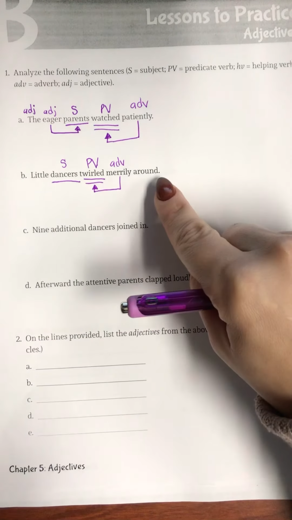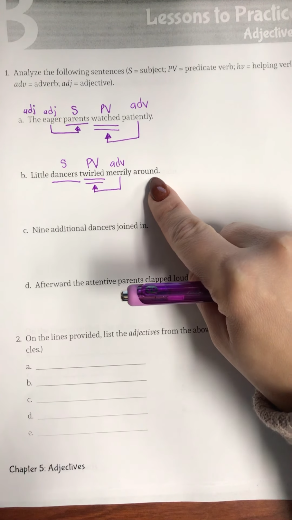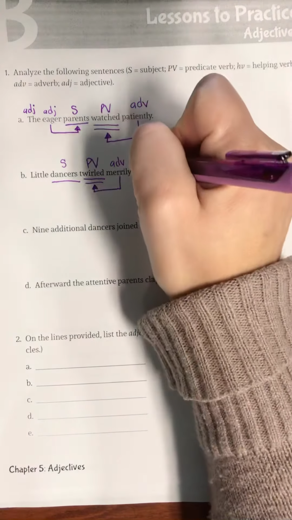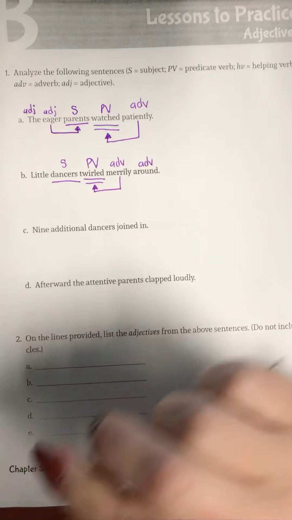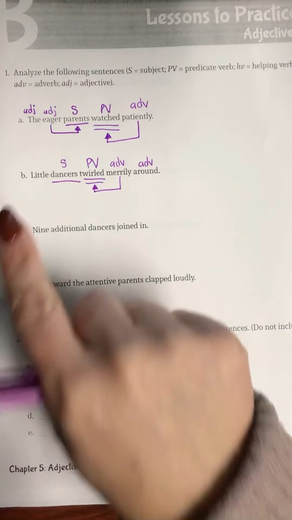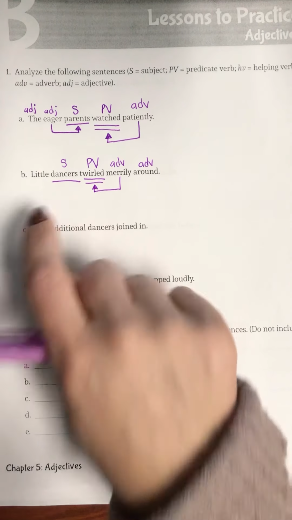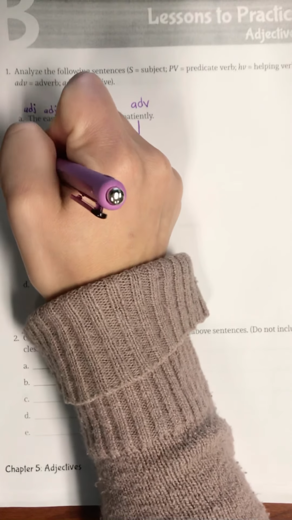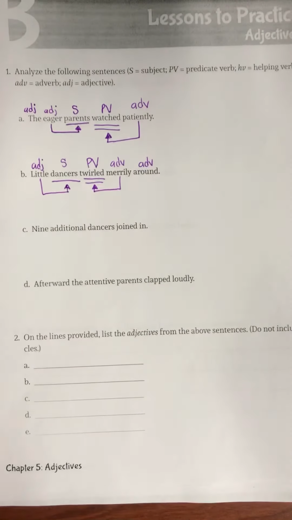So around would be an adverb as well, because it's telling me how something happened. They were twirling around. Little is telling me what kind of dancers I have, so that's going to be an adjective. They were little dancers.